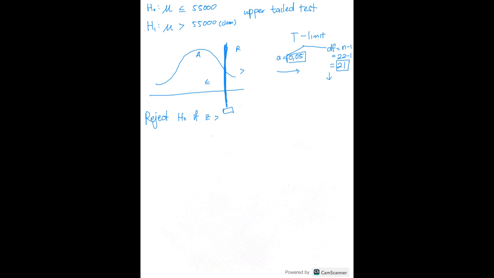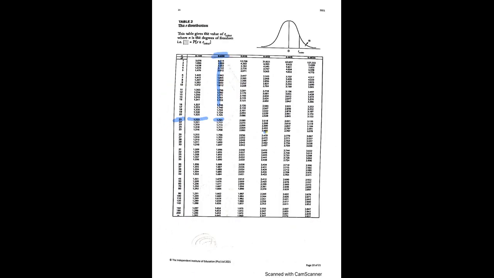You're looking for 0.05 going across and 21 coming down. So here it is here. I've actually already highlighted it for you. There's 0.05 going across. There's 21 coming down the first column. In line with that, the value is 1.721. So that now is your T limit.